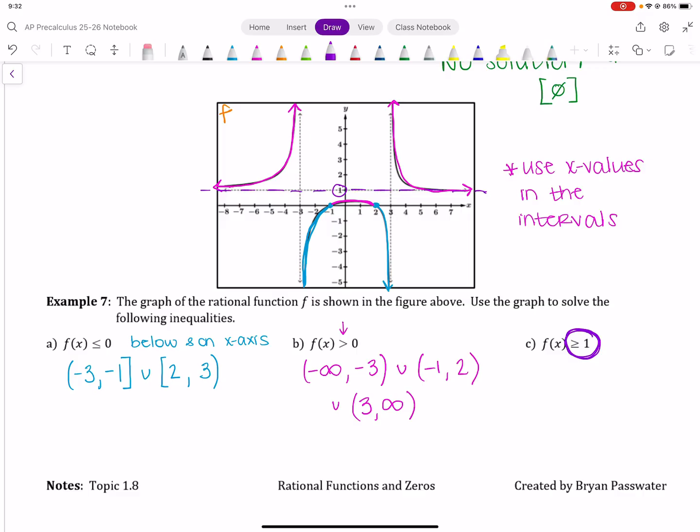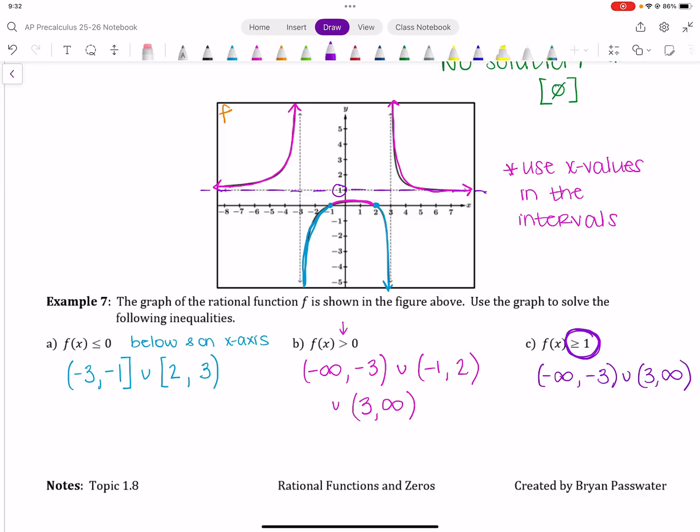And above our horizontal asymptote is our far left and far right piece of our rational function. So we get to use the first and last piece from part B. So we are greater than 1 from negative infinity to negative 3, and from 3 to infinity.